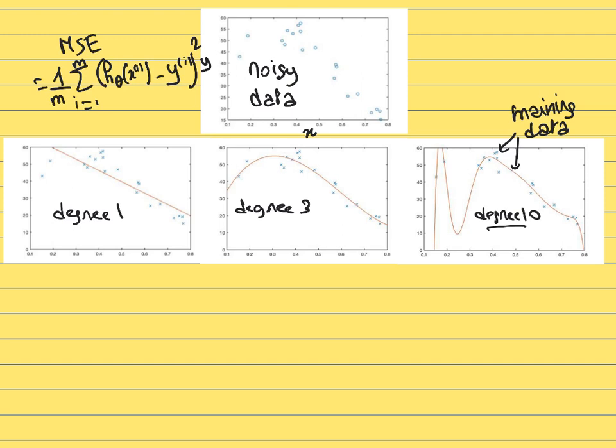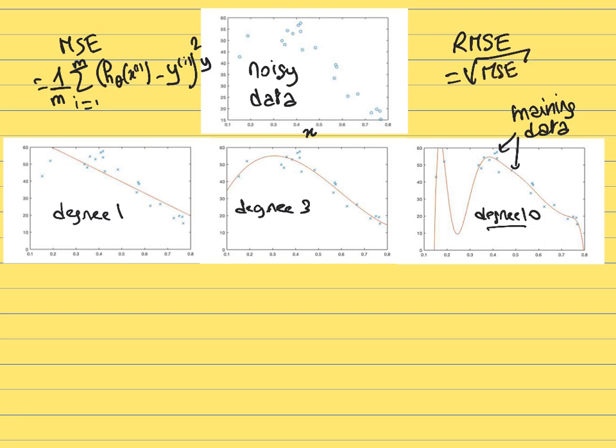Another quantity that we sometimes look at, which is almost the same as the mean square error, the MSE, is the RMSE, where R stands for root mean square. The RMSE is just the square root of the MSE.